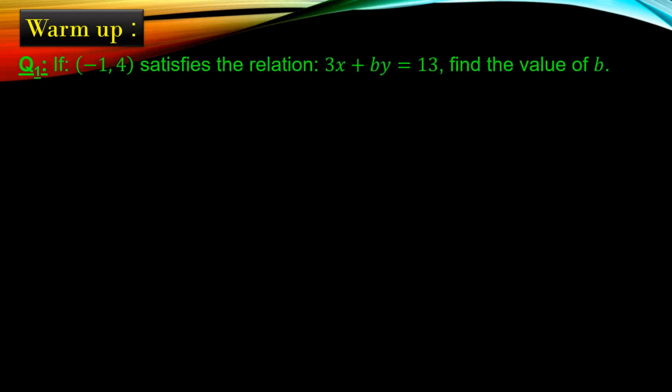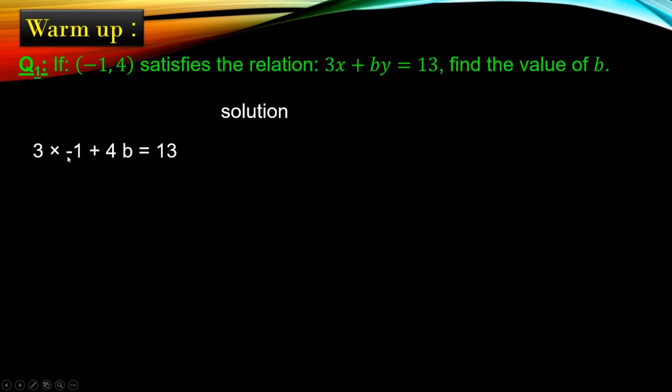Let's make a quick warm-up from yesterday. Question 1: if the point (-1, 4) satisfies the relation 3x plus by equals 13, find the value of b. Here, I will substitute the value of x by -1 and the value of y by 4.